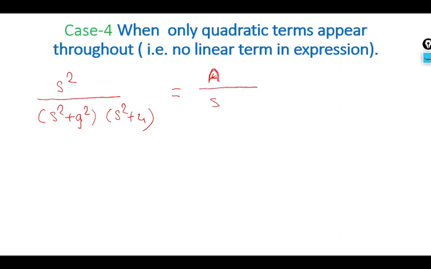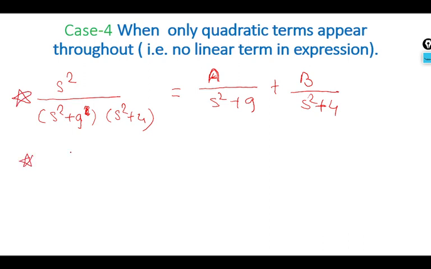So a upon s square plus 9 plus b upon s square plus 4. This is one example.